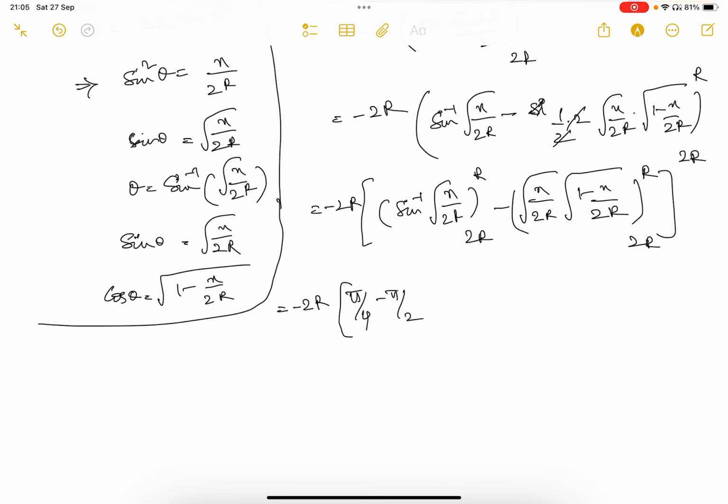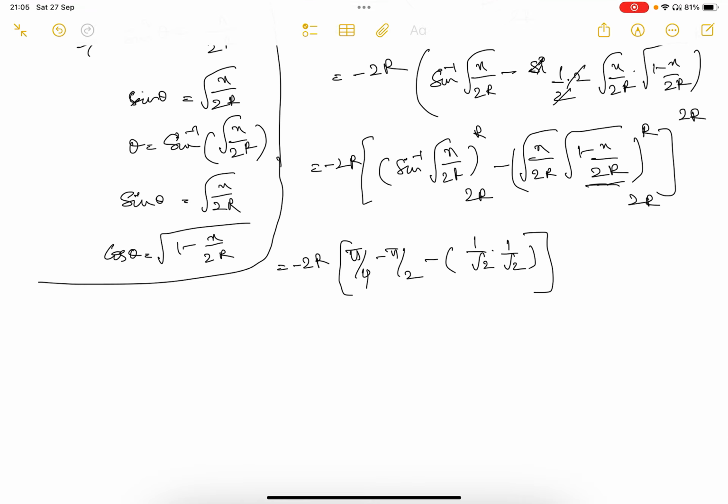For the second part, when x equal to r, r will get cancelled, this will be 1 by root 2, and the other part will also be 1 by root 2, fine. And what about x equal to 2r? When x equal to 2r, this case will get 1, then 1 minus 1 is 0, so this will not contribute.